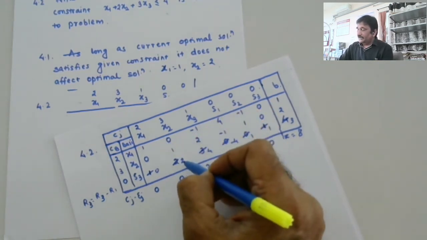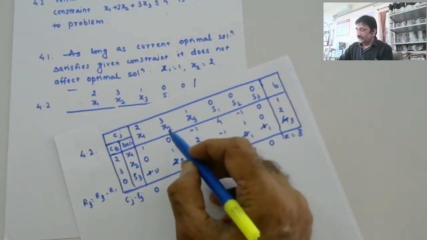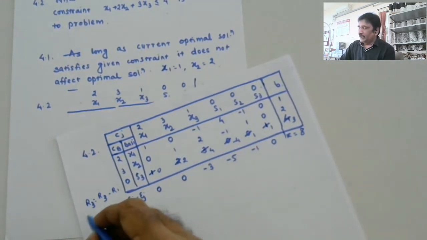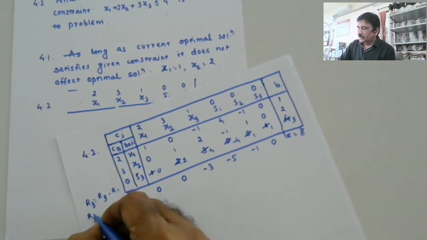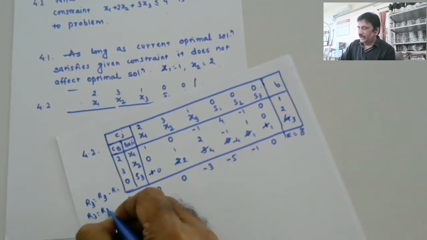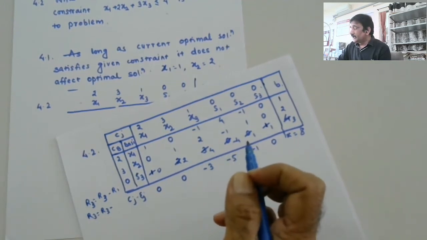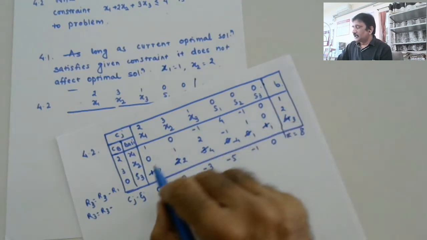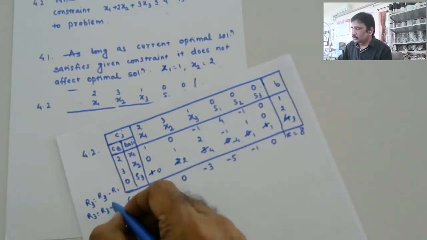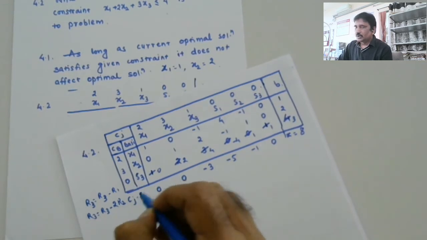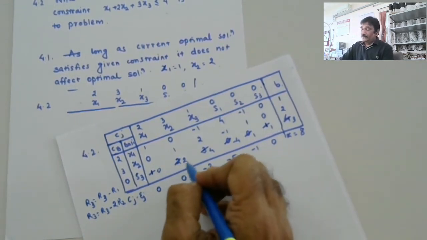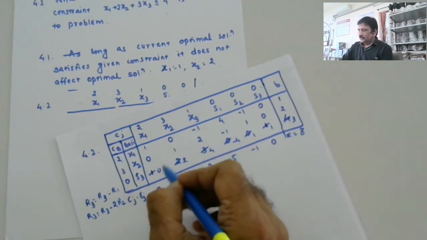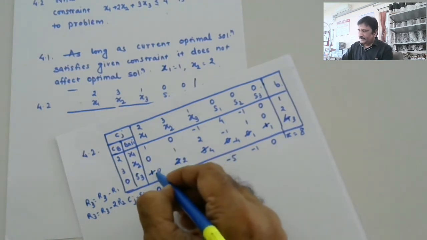So I want to get this value converted to 0. That will make the x2 column 0, 1, 0. So what I'll be doing now is again applying the rule R3 is equal to R3 minus 2 times R2, twice R2. There will be a unique way of getting 0 here: this minus twice of this will get me 0.